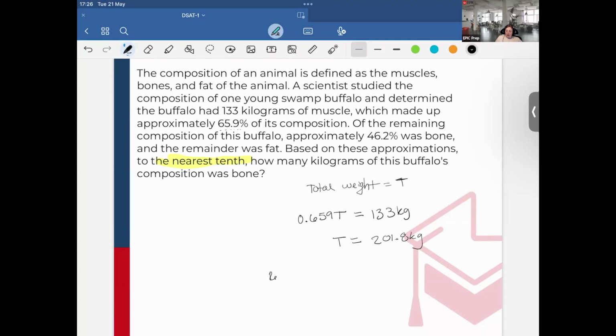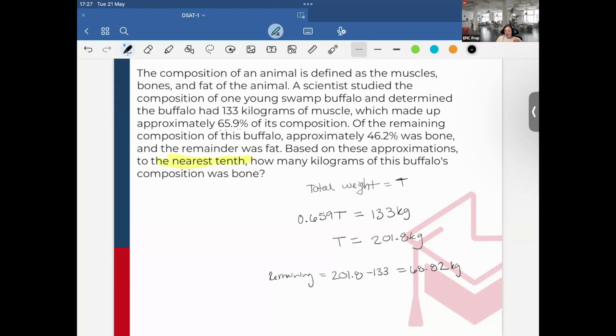So the remaining composition, I'll take the total, 201.8 minus 133, is equal to like 68.82. That's what's left of the remaining composition.